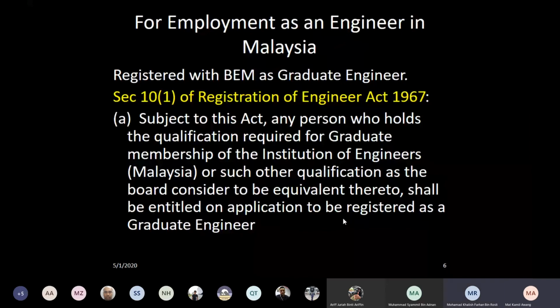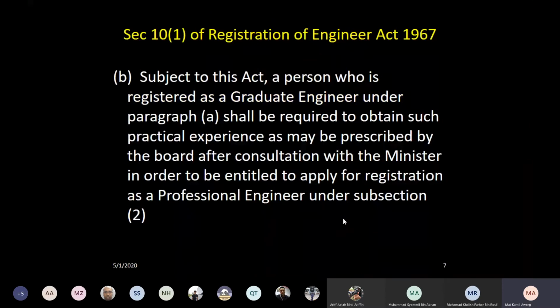Okay. On section B, it says that subject to this act, a person who is registered as a graduate engineer under the previous paragraph, paragraph A, shall be required to obtain such practical experience as may be prescribed by the board after consultation with the minister in order to be entitled to apply for registration as a professional engineer under subsection 2.